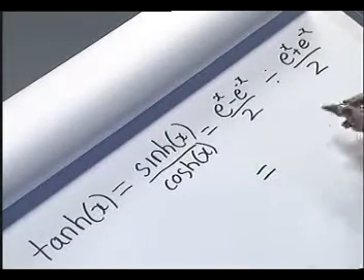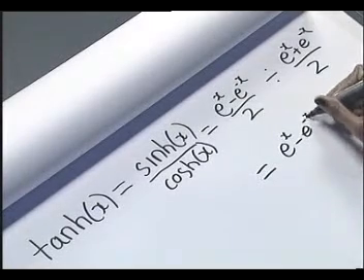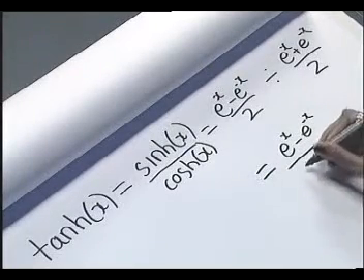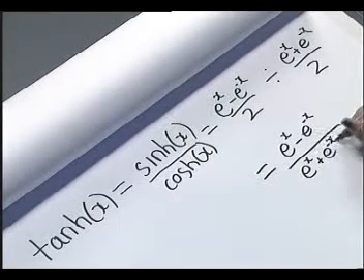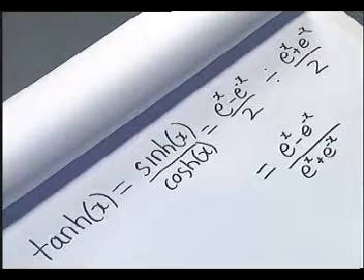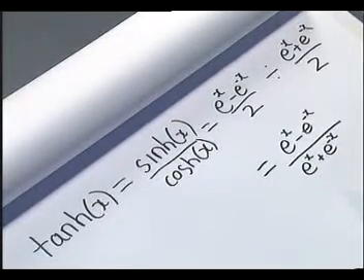And that, when you work it out, is e to the x minus e to the minus x, all divided by e to the x plus e to the minus x. Now this thing doesn't look very useful for working out the graph. It's a bit complicated. So this time we'll use the graphs of sinh and cosh to work out the graphs of than.